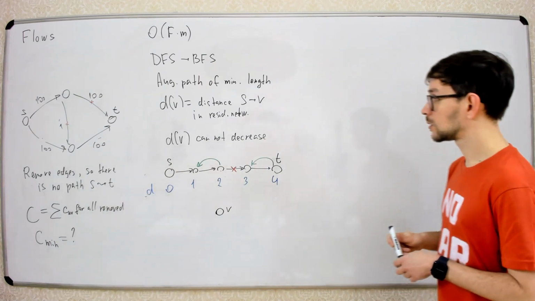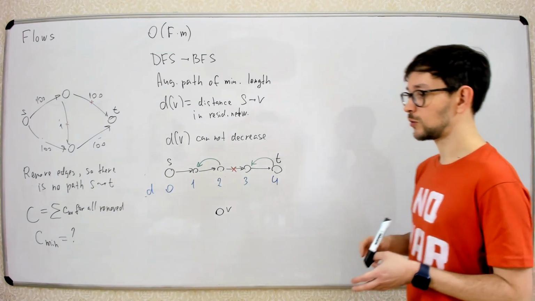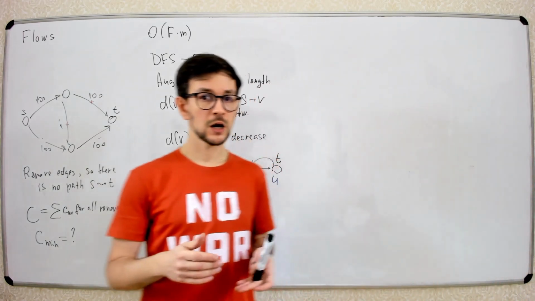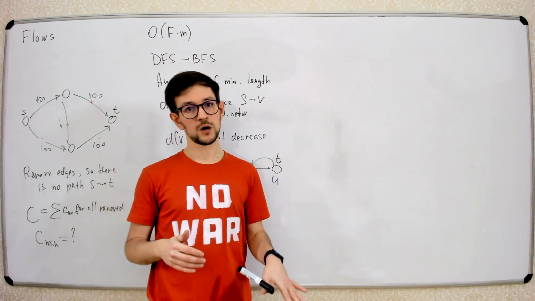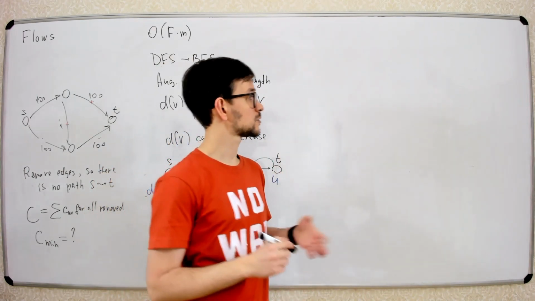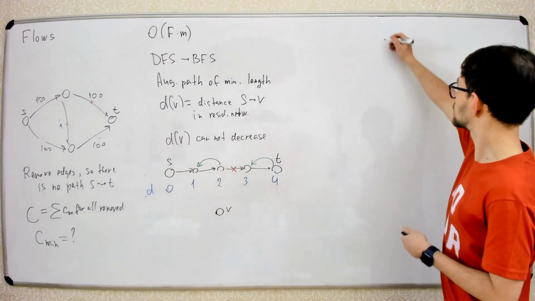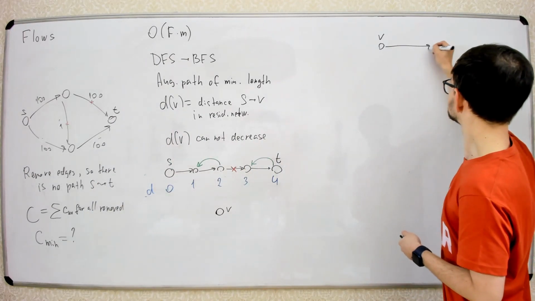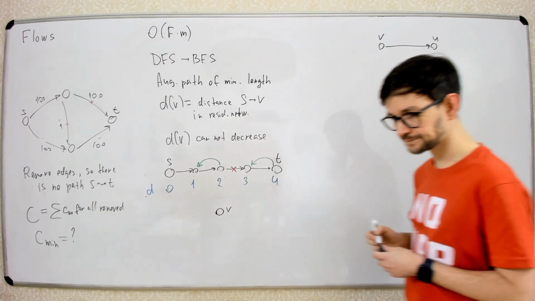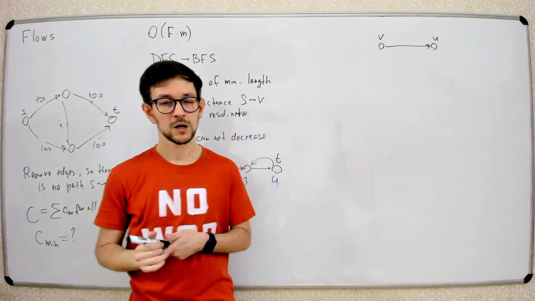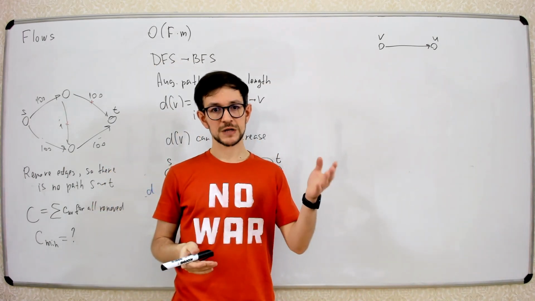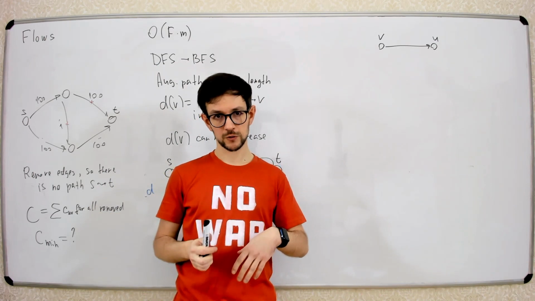And now let's do the following. Let's take some edge and follow the whole lifetime of this edge. So what happens to some edge? We have some edge from V to U. At some point this edge will be removed from the residual network.